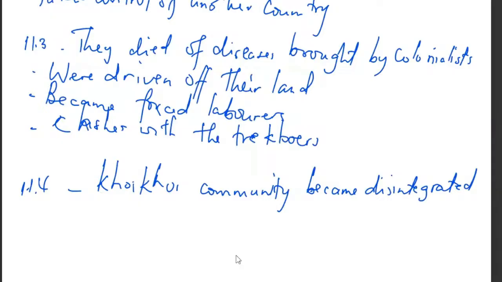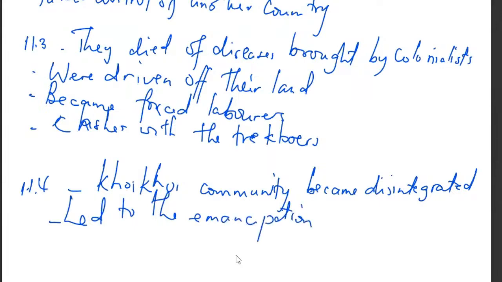Right. And also, on a positive note, we can say it also led to the emancipation of slaves. It was also positive on one side.